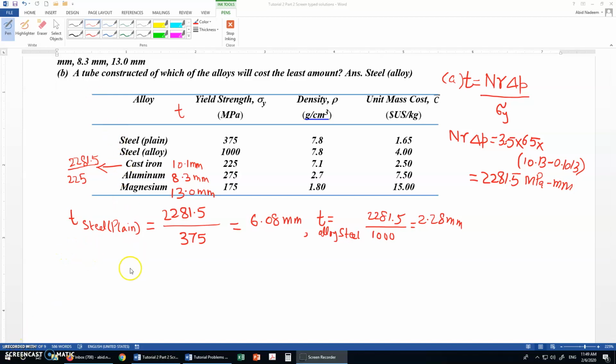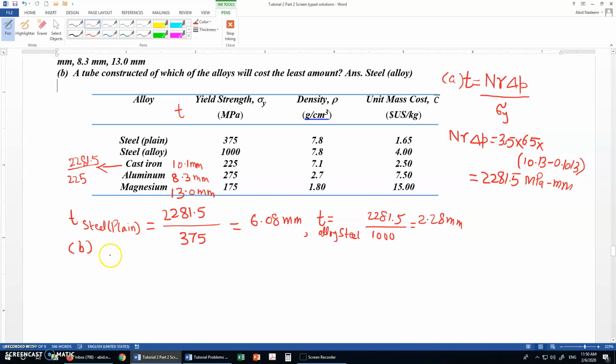So for part B, we need to find the material cost for each of these materials. The material cost will depend on the unit cost per kilogram. This means that we should know the quantity of each material.